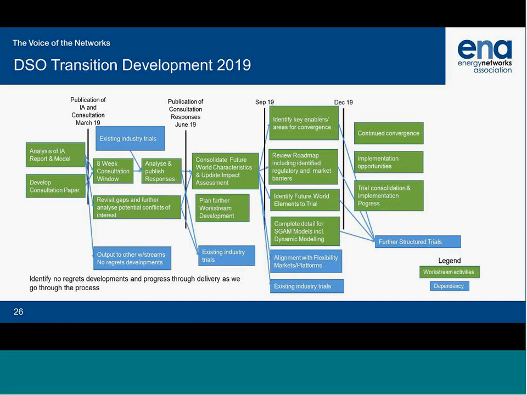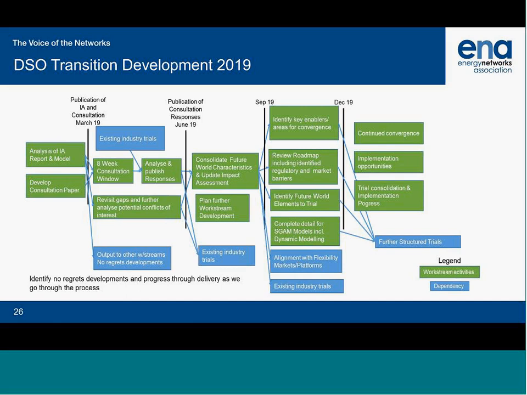And part of that, during that consultation period, will be analysing the gaps in the future worlds models that have been highlighted to date, and also those that are highlighted as part of the impact assessment. One of the other things we did as part of the Beringa work is we did a piece of work to look at the potential conflicts of interest and unintended consequences that are emergent from some of the models, in fact all of the models to some extent.